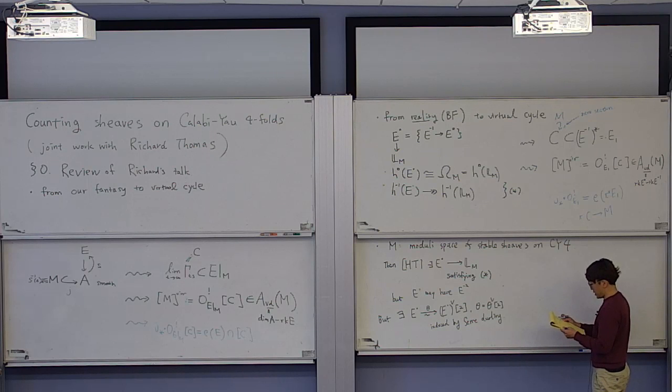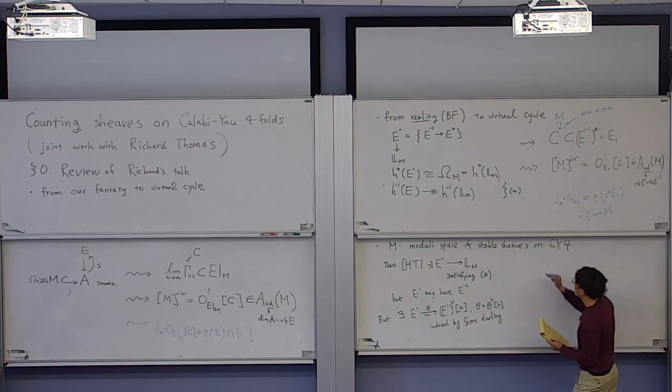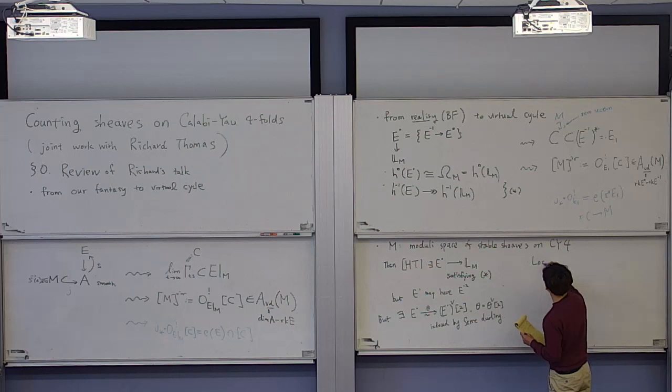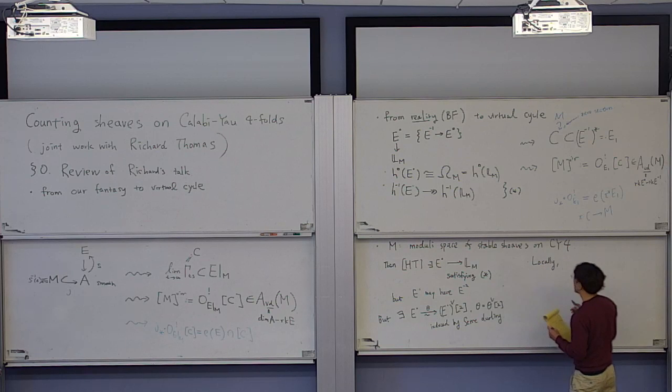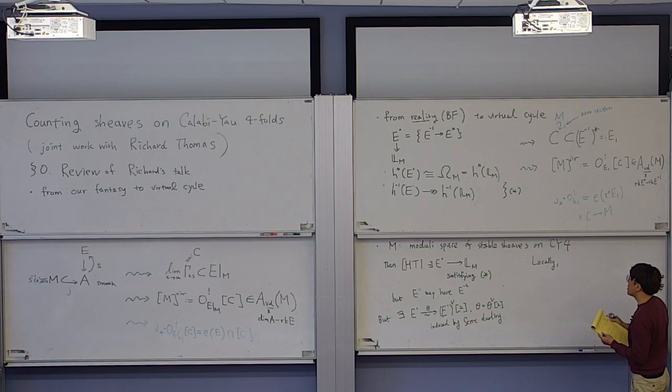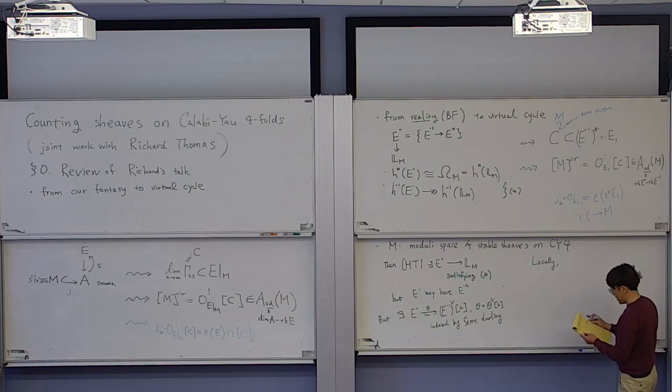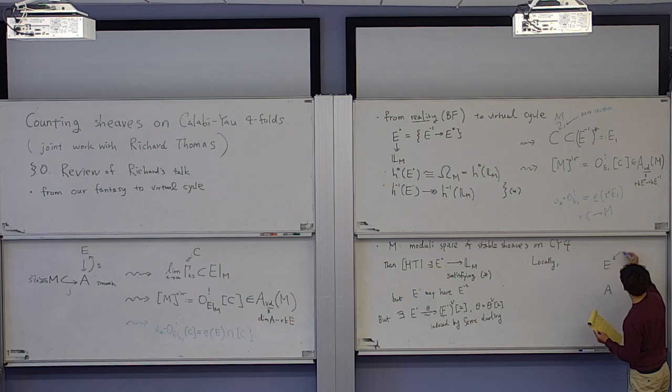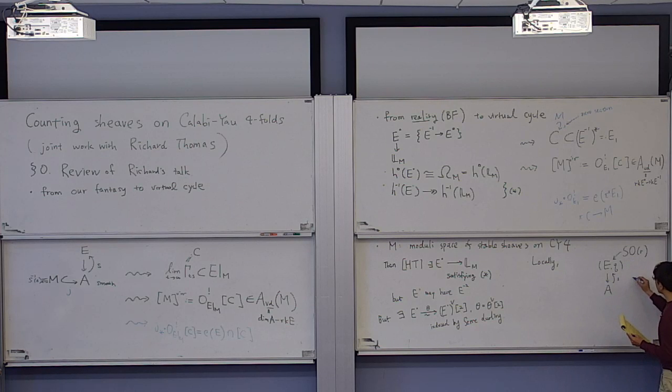And even locally, M is described by this other fantasy. Now E is a special orthogonal bundle of rank R with this quadratic form, and S is an isotropic section.